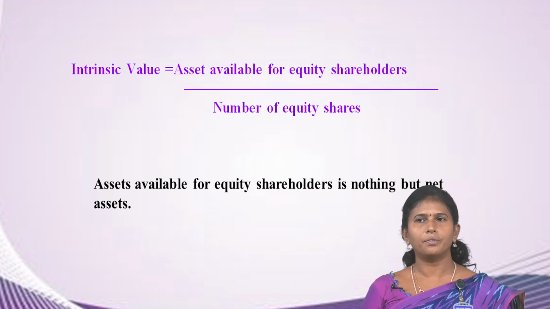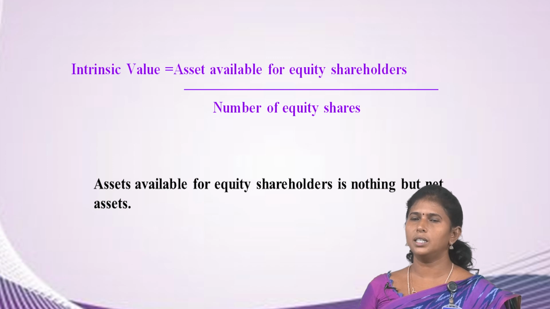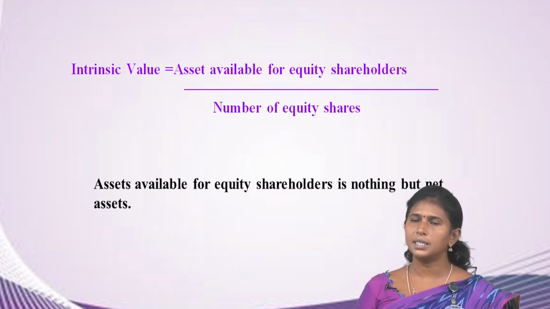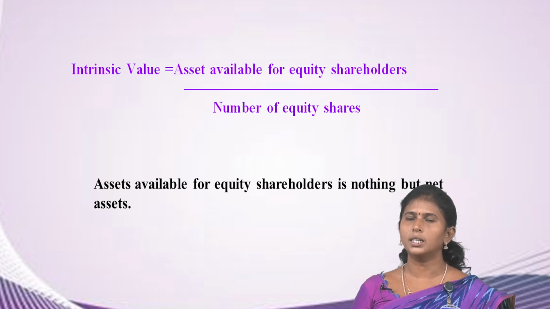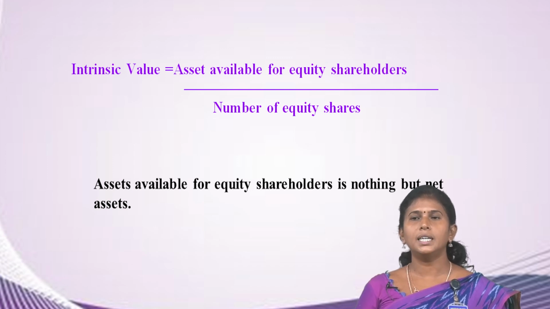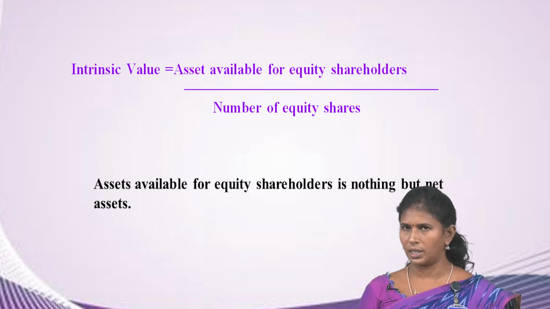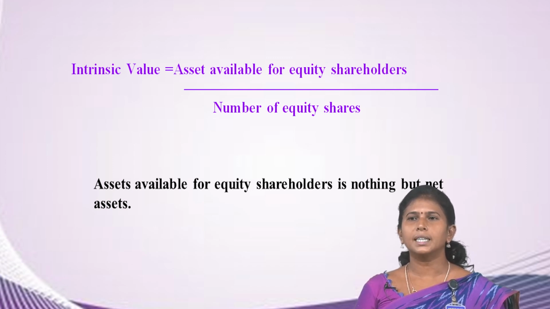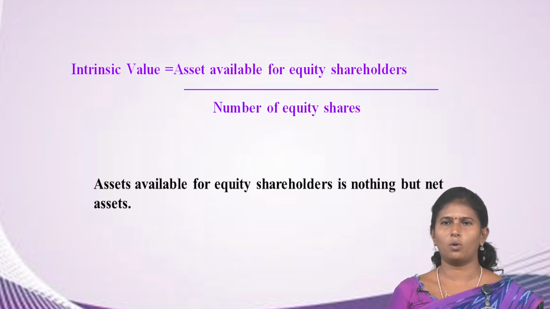After deducting preference share capital, the balance amount is assets available to equity shareholders. Why do we deduct third parties and preference shareholders' amount? Because we need only the assets available to equity shareholders. Only after deducting will you get the assets available to equity shareholders.